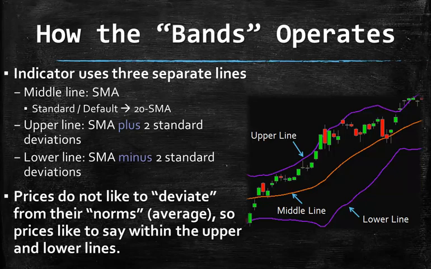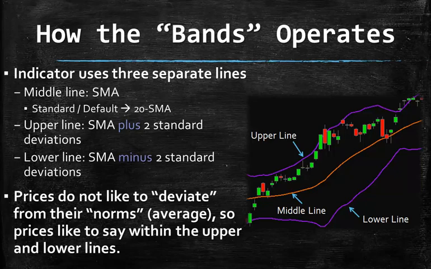I've looked at many different platforms and chart data providers, and every single time if you throw up Bollinger Bands, it always starts out assuming that you want it at the 20. So that tells me it is the standard and default. So the 20 SMA is going to be the middle line of the indicator. A lot of people just say the middle Bollinger Band. Well, the middle Bollinger Band is the 20.